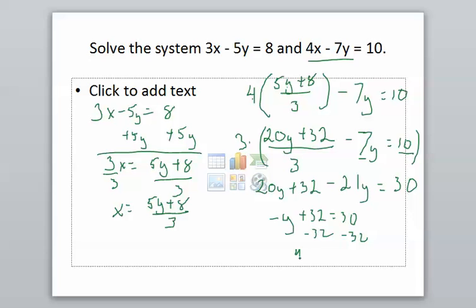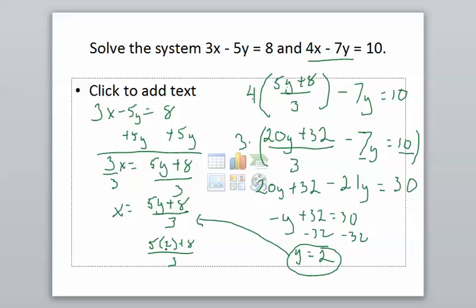Y is equal to 2. Actually, I got negative y is equal to negative 2, but then I multiplied by negative 1 in my head, and I got y is equal to 2. I can take this value for y, put it right back into this, and find a value for x. So 5 times 2 plus 8, divided by 3.